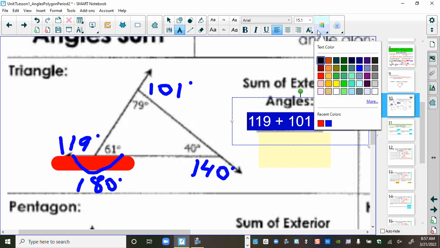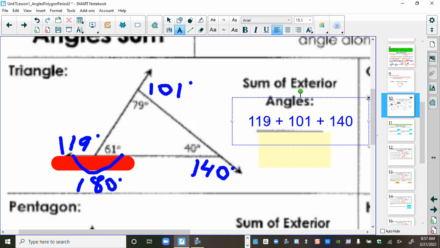What do we get? We add those three numbers up. You should be getting 360 in the end.